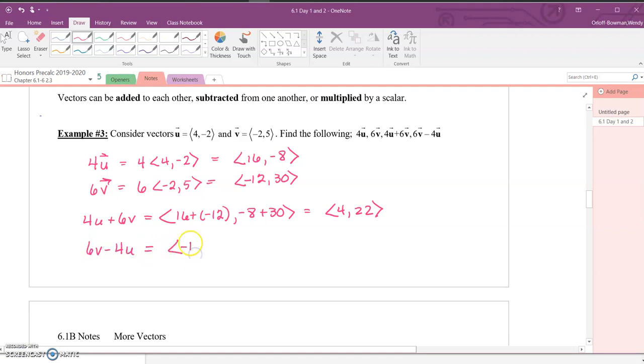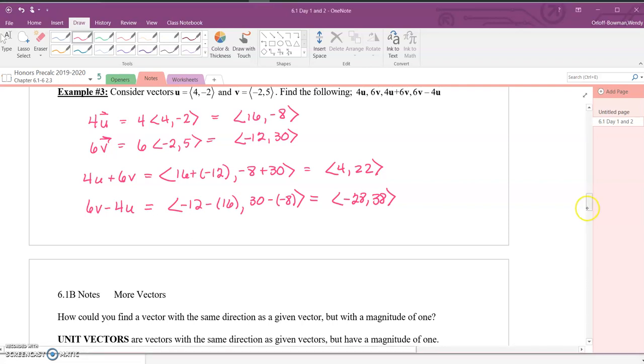I subtract the horizontal component of 4u from the horizontal component of 6v, and then I subtract the vertical component of 4u from the vertical component of 6v. And there you go. Adding, subtracting, and multiplying by a scalar.